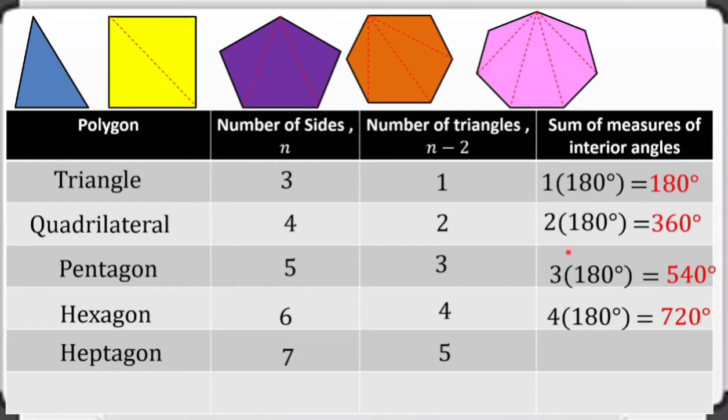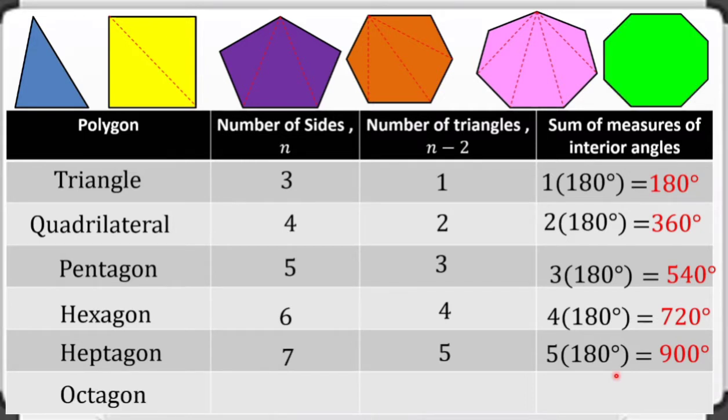And then, let us find the sum of measures of interior angles. So we'll have 5 times 180 degrees. And our answer is, correct, that is 900 degrees.